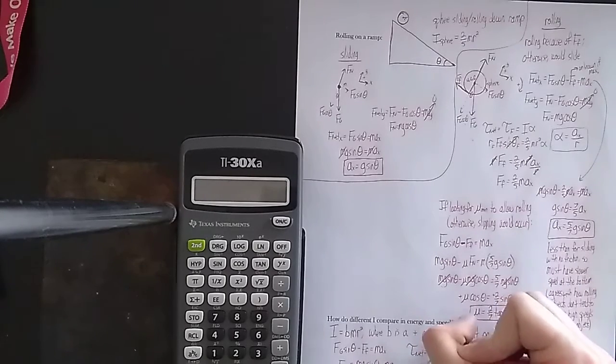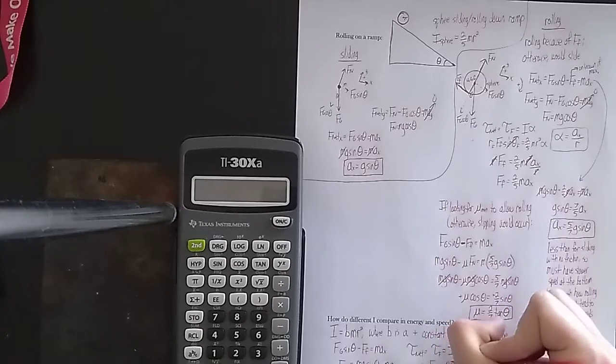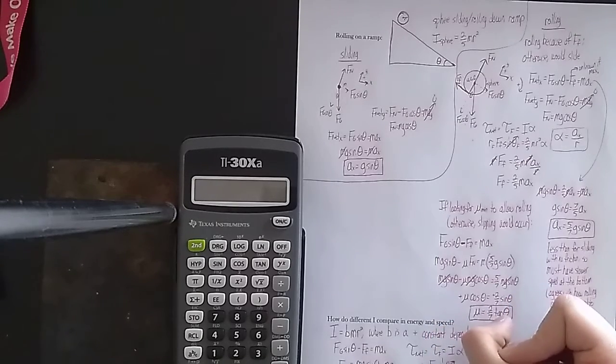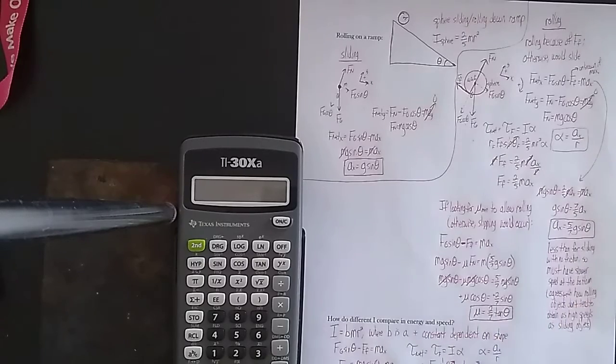So I get r times the force of friction times sine theta f, remember that that's 1, equals, let's see, I is b m r squared times alpha, which is ax over r. One set of r's cancels out.